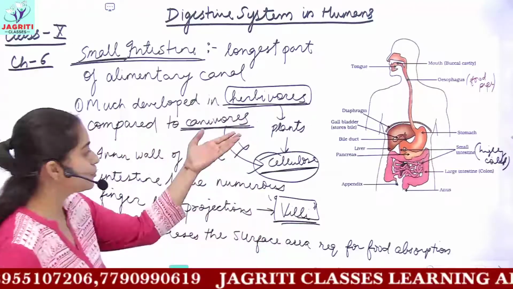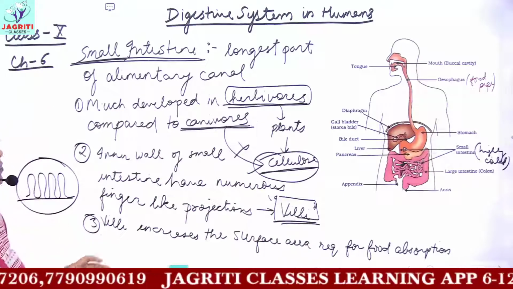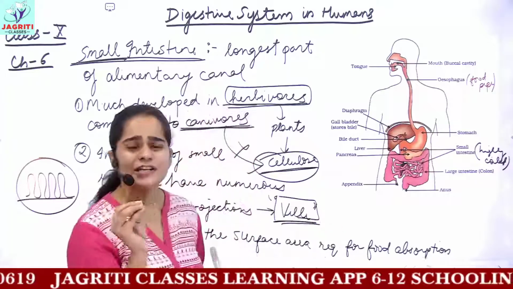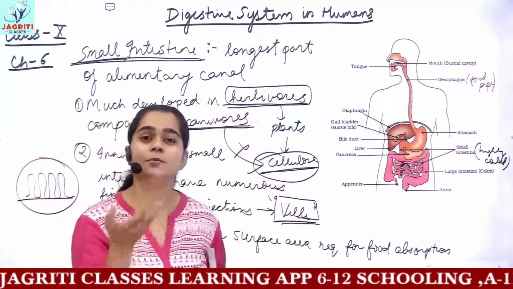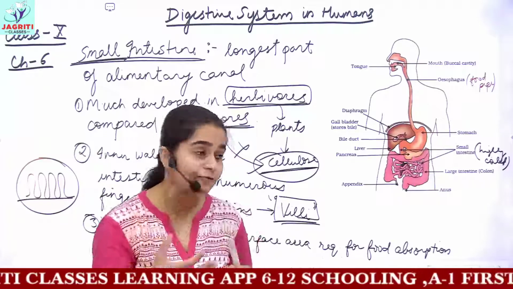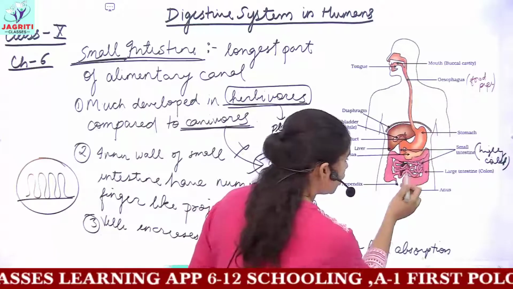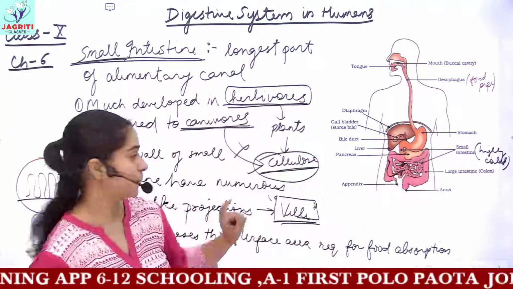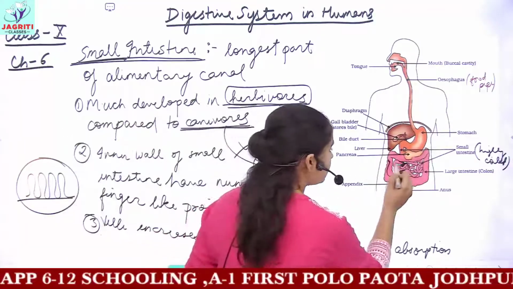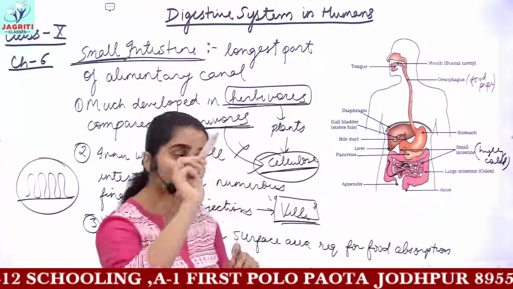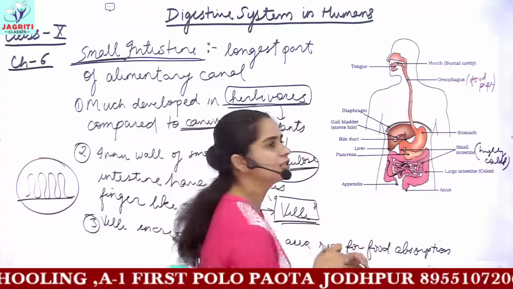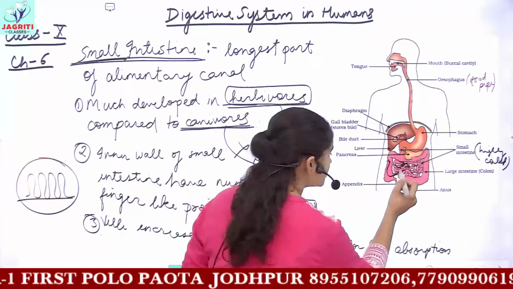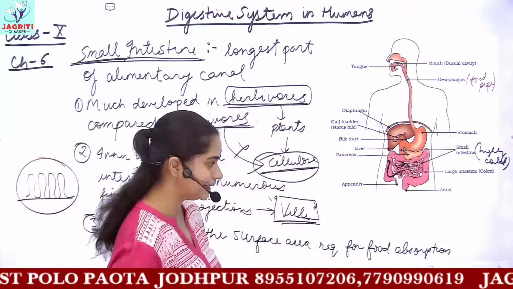So this is the process of digestion. Further, if we have some undigested matter still left, then the food from small intestine passes into the large intestine. Okay, so in small intestine maximum digestion occurs, and now the undigested food, that is 10 to 12% matter, is transported to this large intestine.